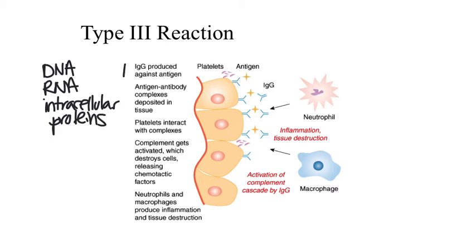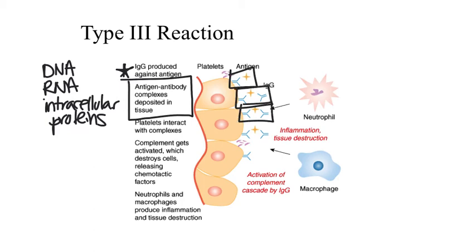The antigen and the antibody bind together to form a complex that then becomes deposited in soft tissues throughout the body, such as the joints. This stimulates an immune reaction that recruits neutrophils, macrophages, and other immune components like complement. This results in the destruction of cells within the soft tissue, as well as additional inflammation and tissue damage.